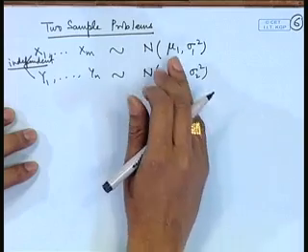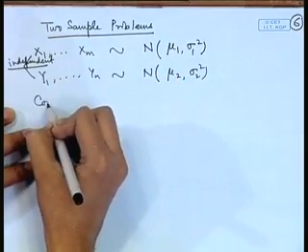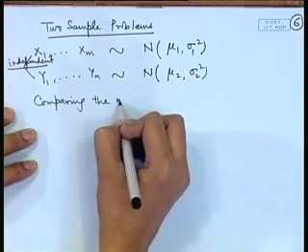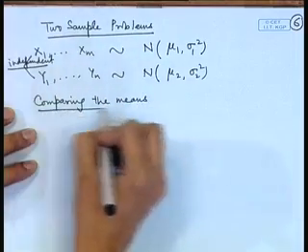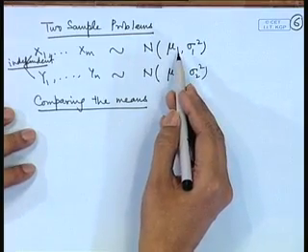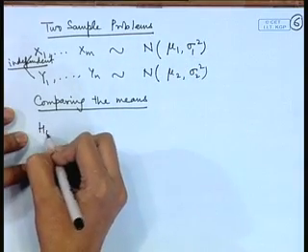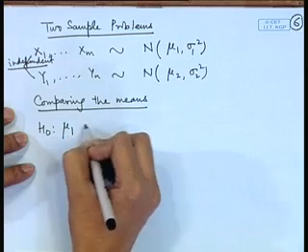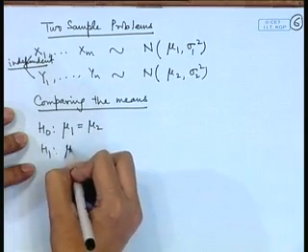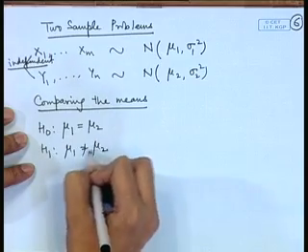Now, suppose we want to compare the means. Then we may have a hypothesis of the type mu1 is equal to mu2 against mu1 is not equal to mu2, or a one sided hypothesis like mu1 is less than or equal to mu2 against mu1 is greater than mu2, etc.